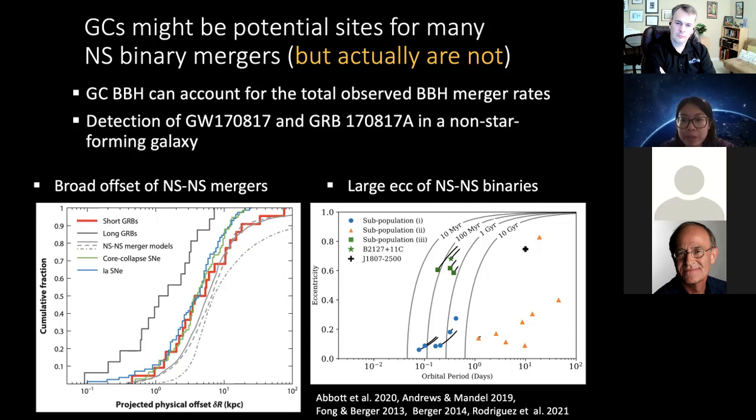But in the following slides, I'm going to show that despite the boost from dynamics and all these suggestions, globular clusters do not produce many binary neutron star mergers or neutron star black hole mergers.